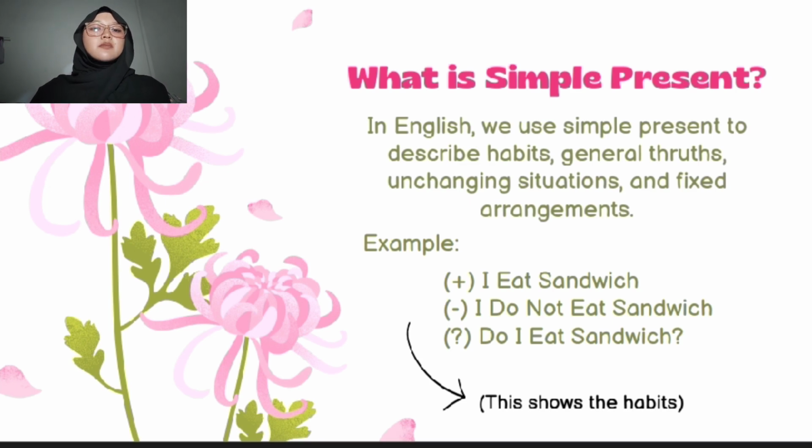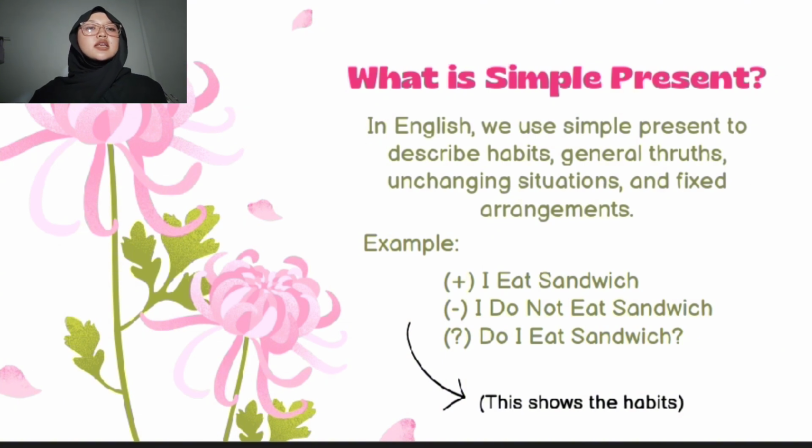There are examples. I eat sandwich. I do not eat sandwich. And do I eat sandwich? Okay everyone, have you seen it? Can you see the example? Okay, so we can see from the sentences that they are showing habits of someone.